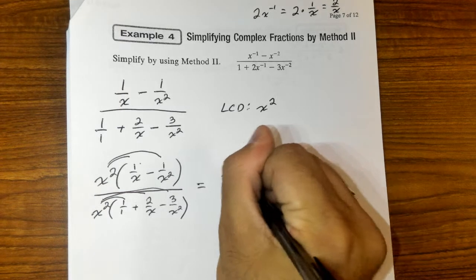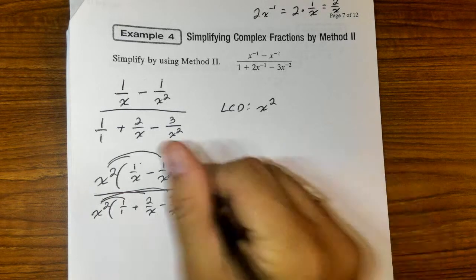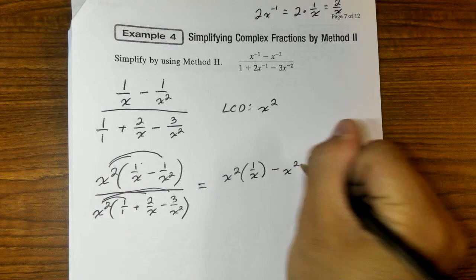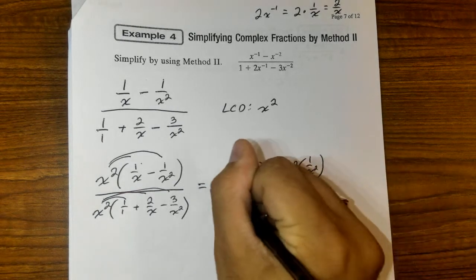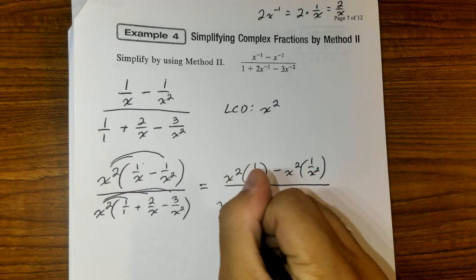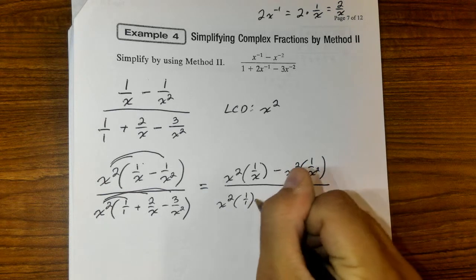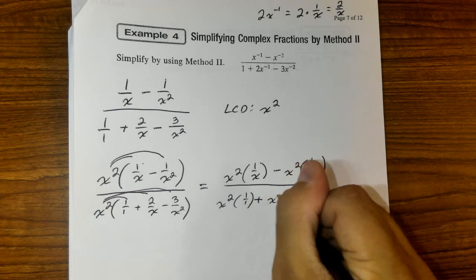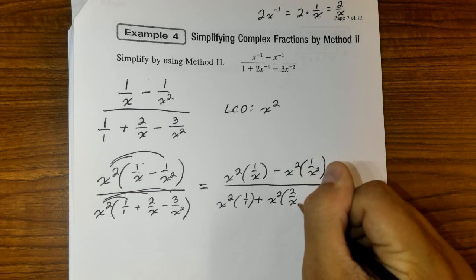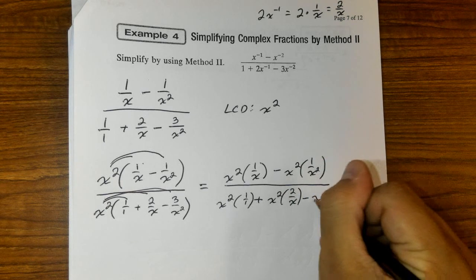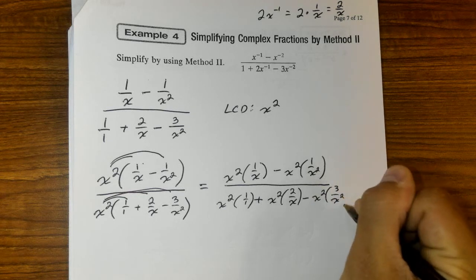So x squared times 1 over x, then bring the minus sign, x squared times 1 over x squared. That's it for the numerator. And the denominator: x squared times 1 over 1, bring the plus sign, x squared times 2 over x, and minus sign x squared times 3 over x squared.